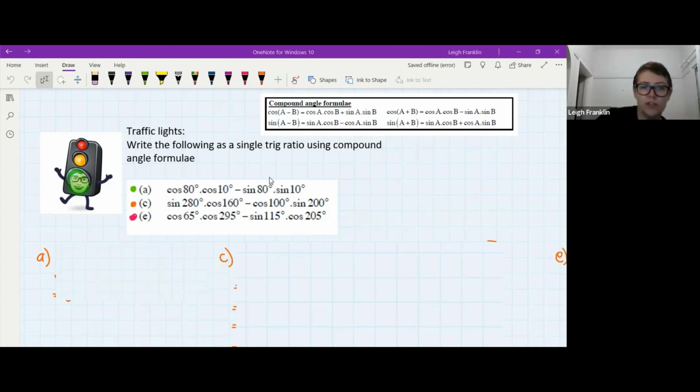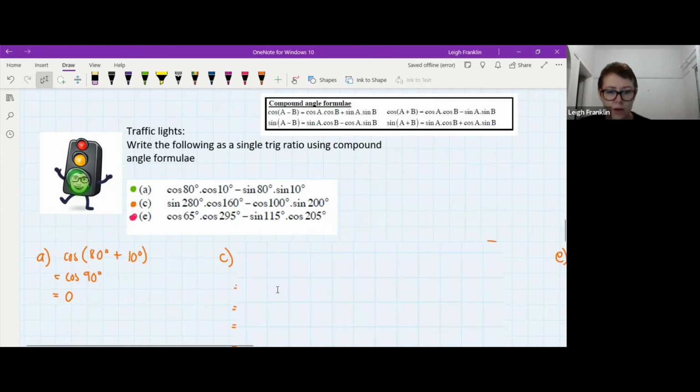Anyone trying question C or E? I'll move A out the way. All right, because I quite agree. That's what I got. Okay, cool. Cool, Pilo. Nice, Jamie.